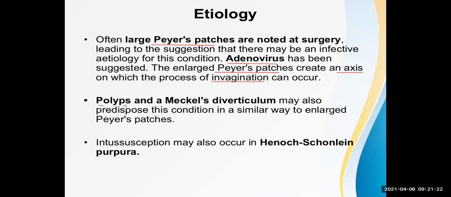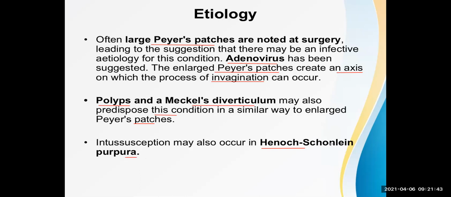Another one is a polyp or Meckel's diverticulum, which may also predispose to this condition in a similar way to the enlarged Peyer's patches. So they can also act like a source for intussusception. And another one is HSP, Henoch-Schönlein purpura, in the case of a child.